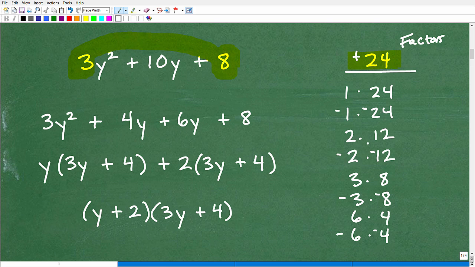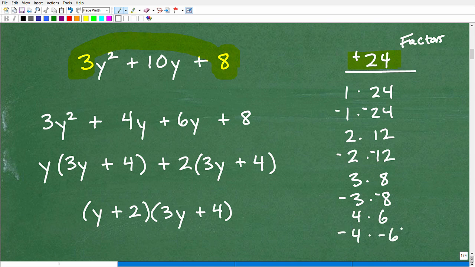We do the same here: 2 and 12, negative 2 and negative 12, 3 and 8, and negative 3 and negative 8. Notice I'm increasing 1, 2, 3. The next one I could have written is 4. Actually, let's fix that up here: 4 and 6, so I can be consistent, and negative 4, negative 6.